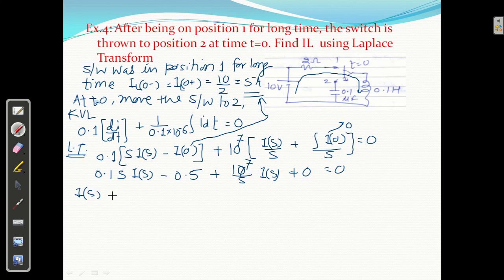If you take I of S common, let us divide the whole equation by 0.1.